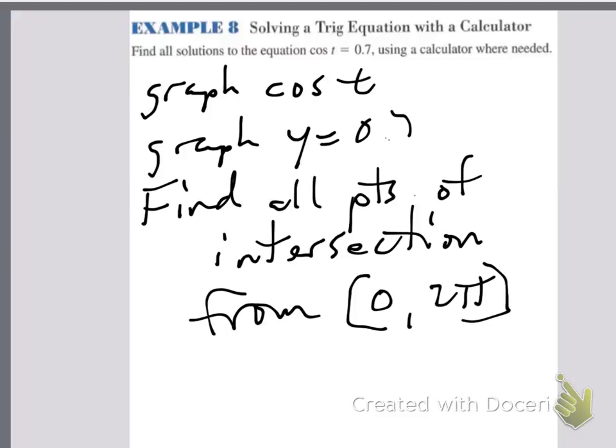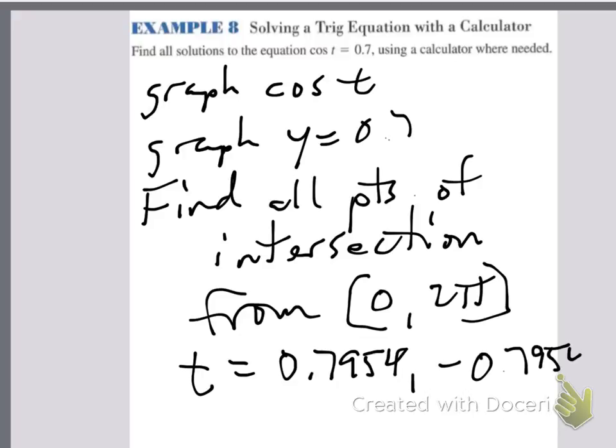I don't have the answers right in front of me, but you'll probably get 2 answers, and I think, if I'm not mistaken, t is going to wind up being 0.7954 and then -0.7954. You can verify that in your calculators.